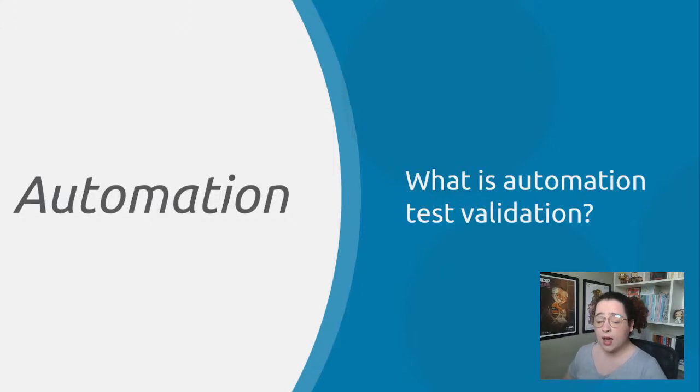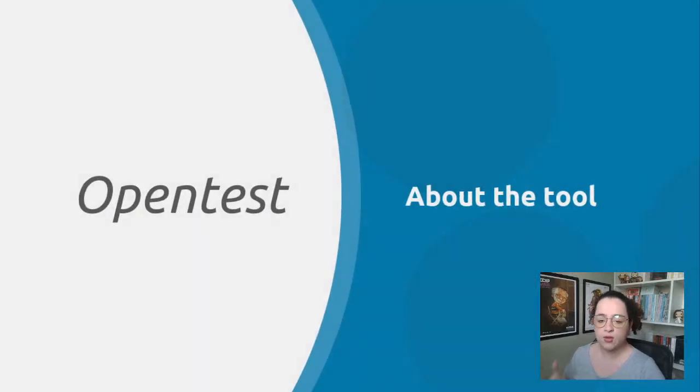Okay, and also we can talk about automation of API, for example. Sorry, we can use the OpenTest to do this type of validation. But today we will talk about website automation.